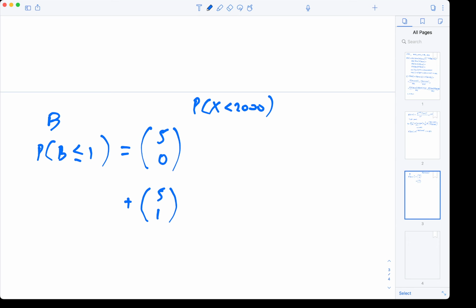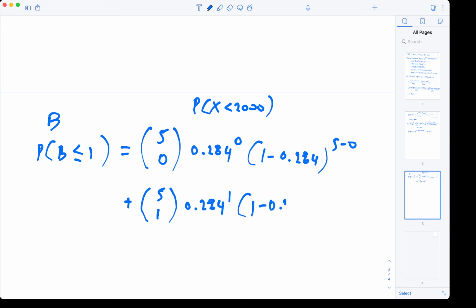And calculating that from a previous step, we have 0.284 raised to the 0 power, and then 1 minus 0.284 to the power 5 minus 0, and same thing here, 1 minus 0.284 to the power 5 minus 1. So we know everything, we plug everything in, and we should end up with a probability of 0.561.